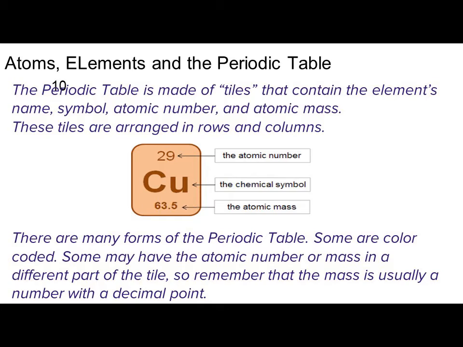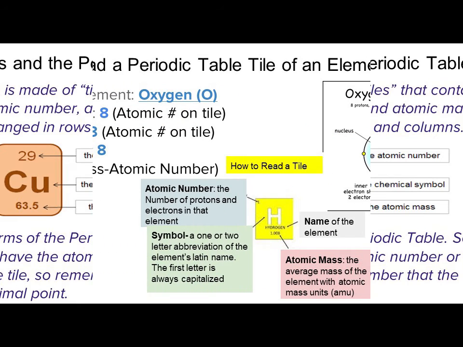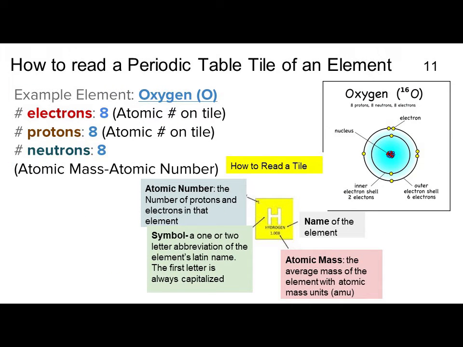Now, there are many forms of the periodic table. Some are color-coded. Some may have the atomic mass or the atomic number in a different part of the tile. So remember that the mass is usually a number with a decimal point, as you see the 63.5 there on the bottom.